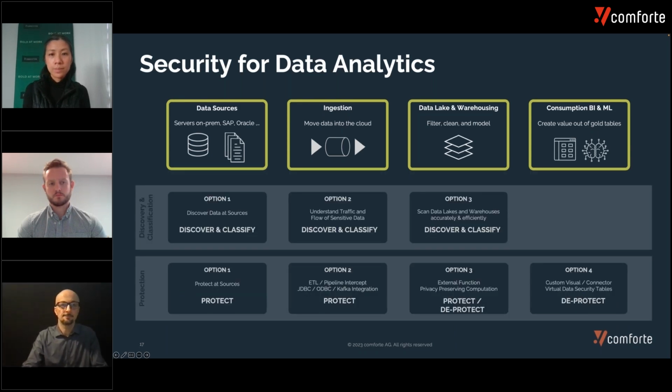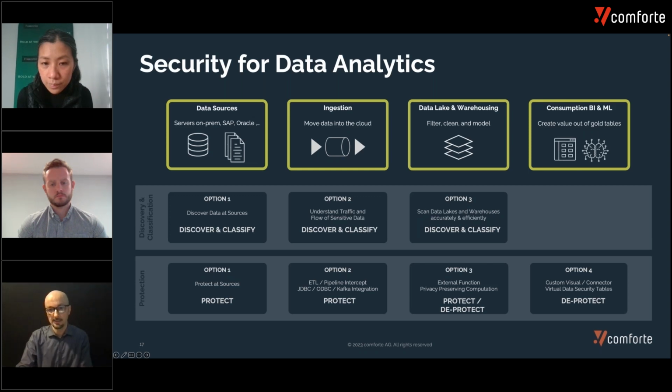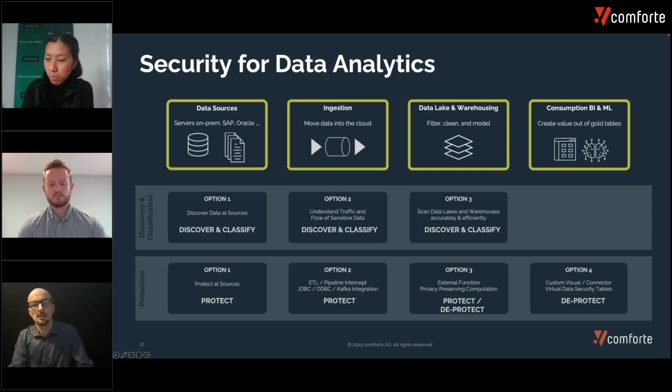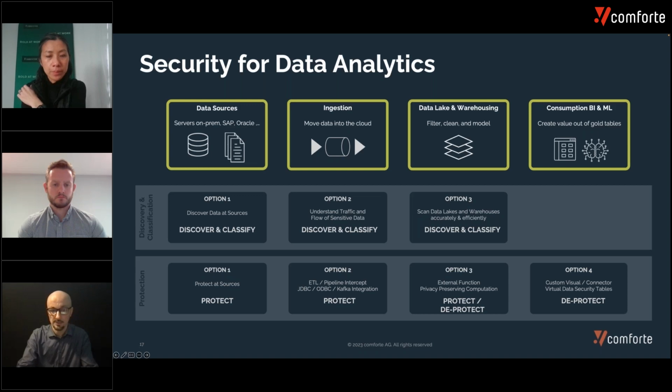And this is why our technology is designed for very flexible integration, as I mentioned, allowing us to integrate at all relevant stages and protect data end-to-end, from sources to ingestion to warehouses and analytics tools, enabling our customers to have that control over data and flexibility to onboard also new functionalities and applications wherever and whenever they need them. So this goes both for discovery components as well as protection components.